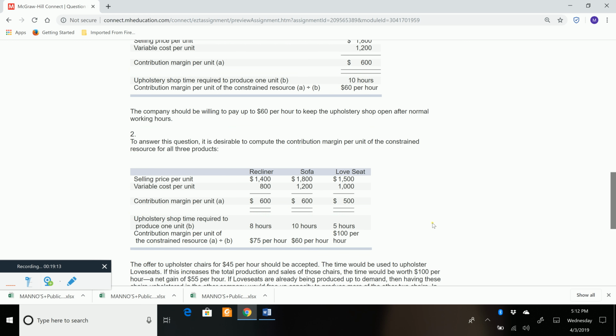Well, here's the analysis. Once again, we're going to figure out our contribution margin per unit, and we're going to divide it by the number of hours it takes to make one, and we figure out our contribution margin per hour. The recliner is $75 per hour. The sofa is $60 per hour, as we said earlier, and the love seat is $100 per hour.